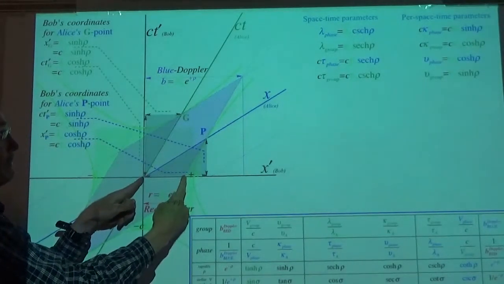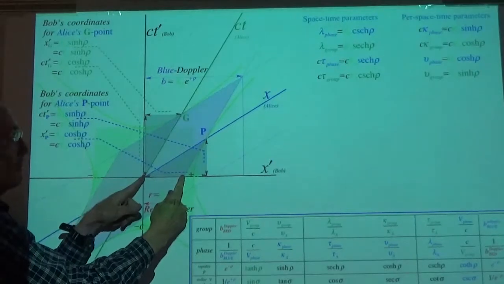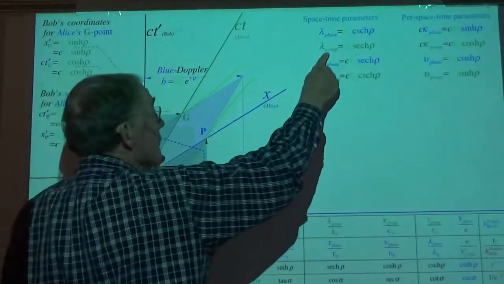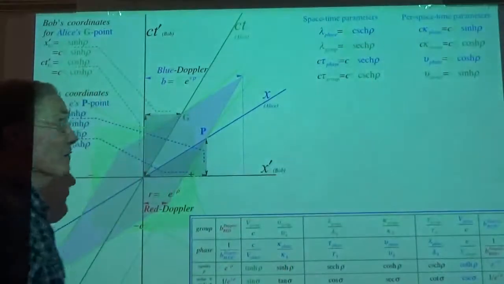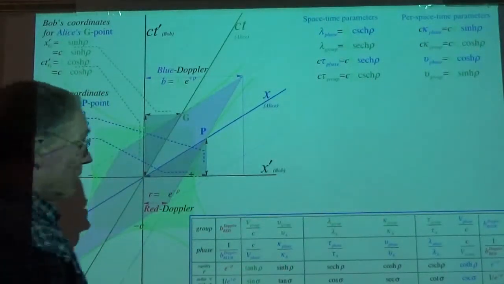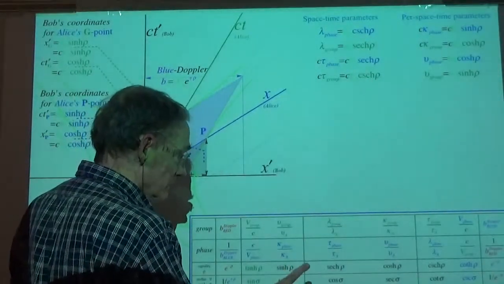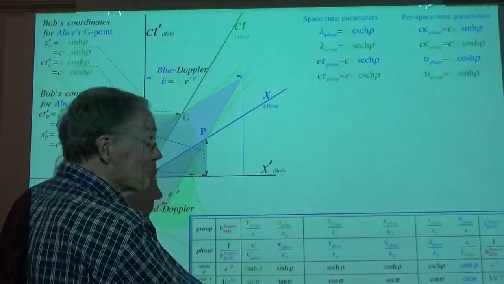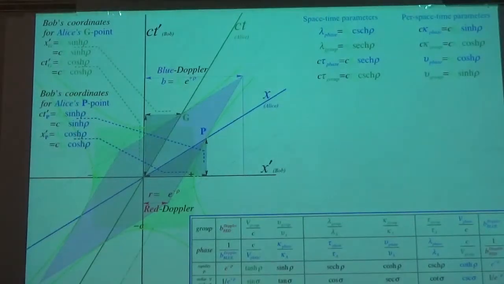This is the length contraction that we were talking about before. It used to be 1, now has been brought down. The lambda group has been brought down to 80% of what it was. That clear enough?